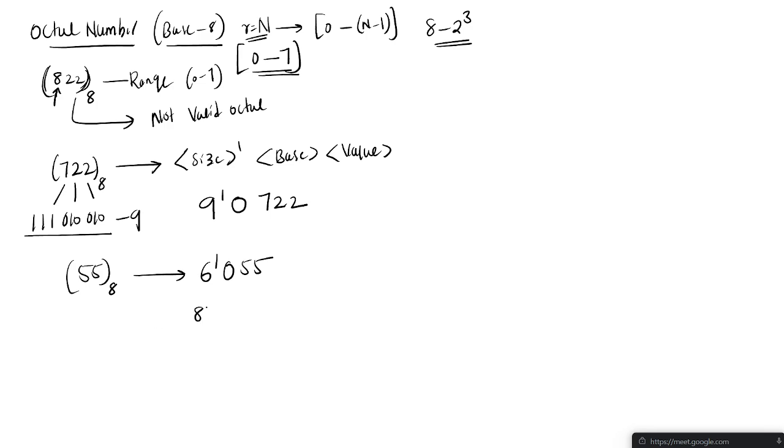Suppose if I keep 8 tick octal 55, is this correct? This is 101 and this is 101, so total 6 bits. I am representing this value as 8 tick O55.